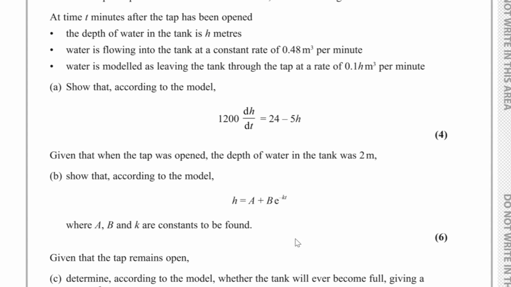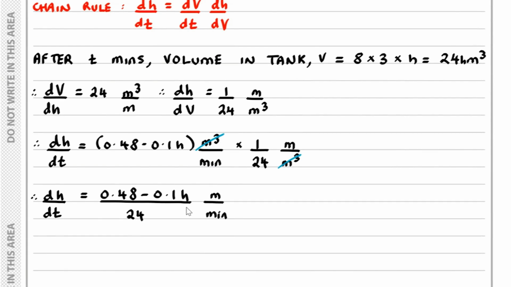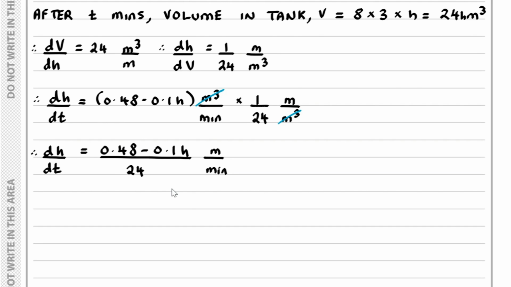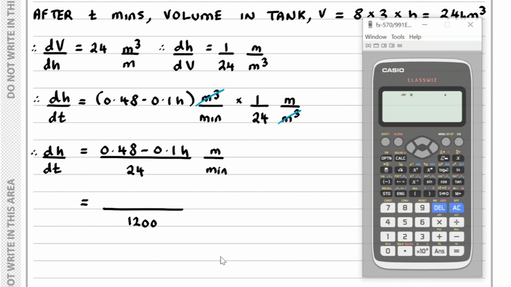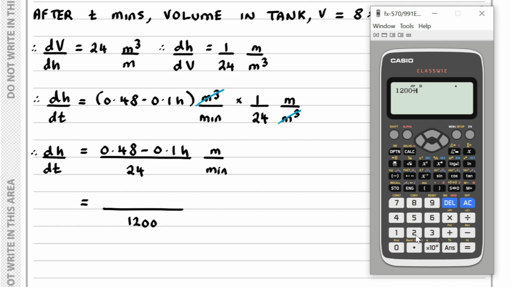So we need to show that this is equivalent to this. What we want on the bottom is 1200. How do I go from 24 to 1200? I multiply through by 50.